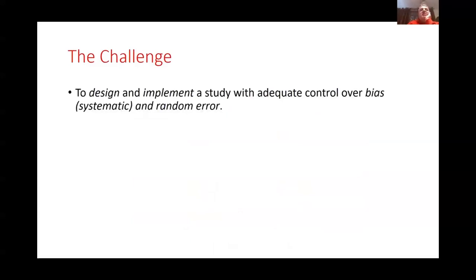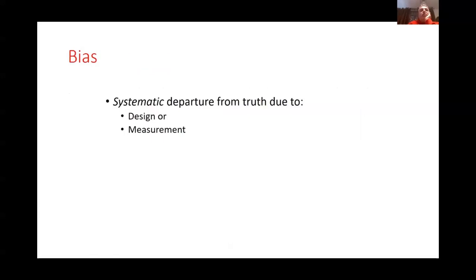So this is a very important issue. So the challenge is in selecting the best study design and implementing the study with adequate control over bias and random error. Let's talk a bit for a few minutes before ending about bias.